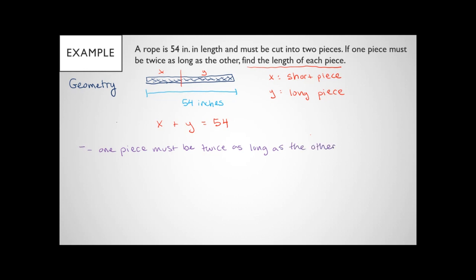If I remove the word if, I have a sentence. One piece must be twice as long as the other. So I'm going to start translating that. I'm going to look for my verb, and in this case it's not an is, it's a be. So be is where the equal sign is going to be.